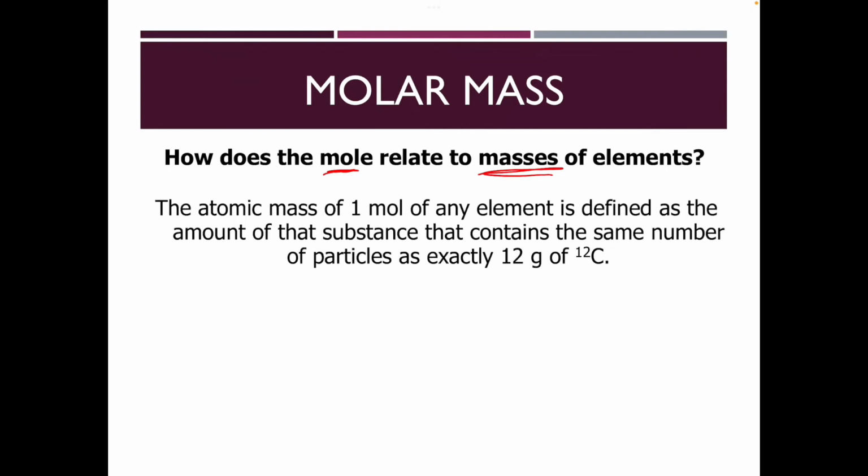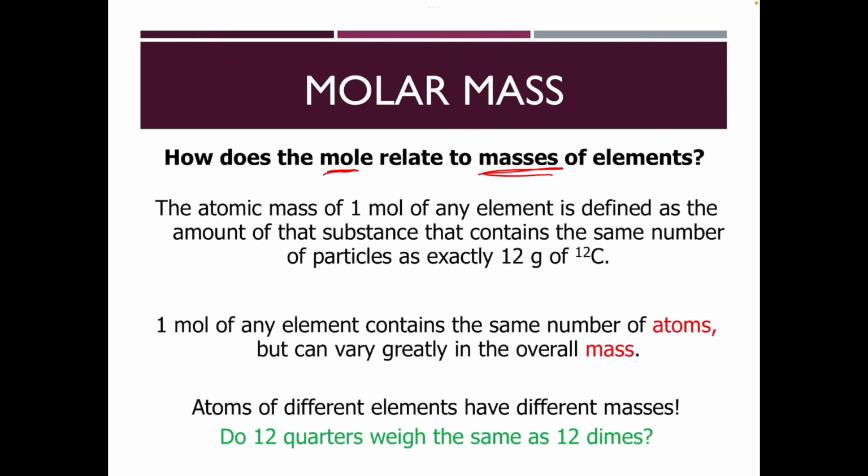So that mass on the periodic table, the atomic mass of 1 mole of an element is defined as the amount of that substance that contains the same number of particles as exactly 12 grams of carbon-12, which I think is a bit confusing as a definition. So when it says 12 grams of carbon-12, the reason that we're using carbon is the periodic table is mostly based on carbon.